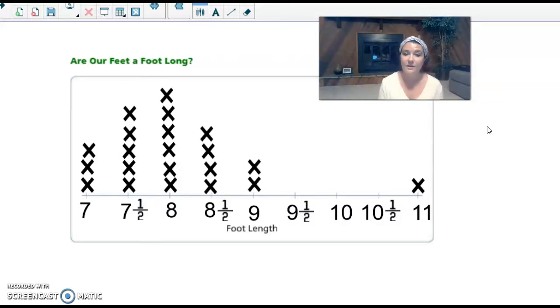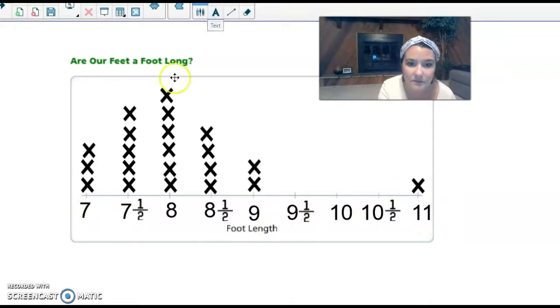So the first question I want to ask is, what is the range? We talked about this the very first day. We talked about line plots. The range is what is the lowest and what is the highest length, okay? So what is the range of the data on this line plot? It ranges from 7 inches to 11 inches.